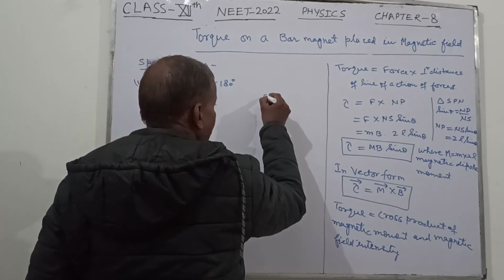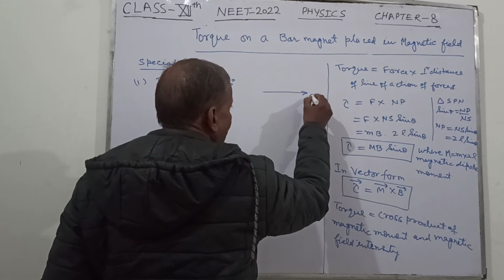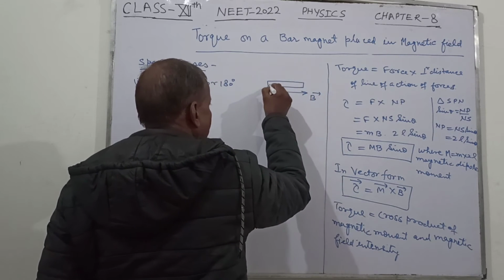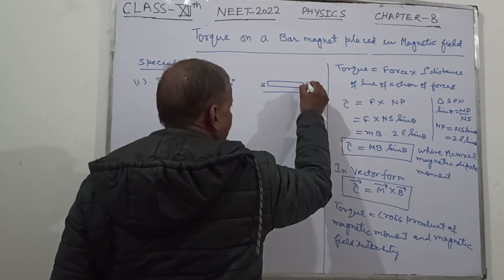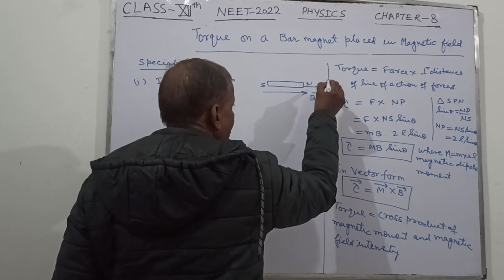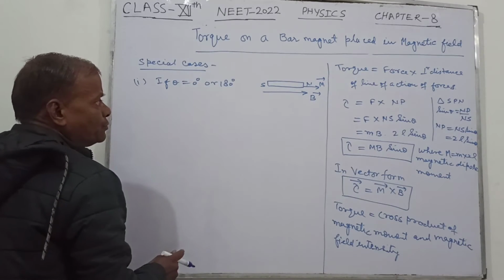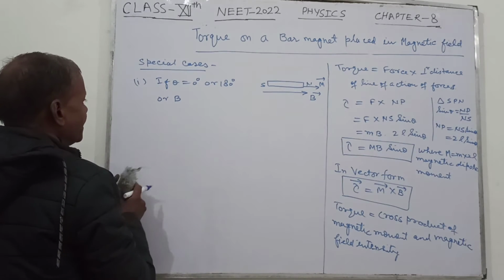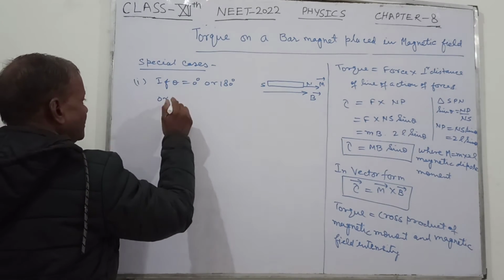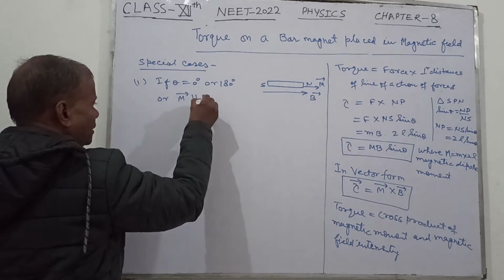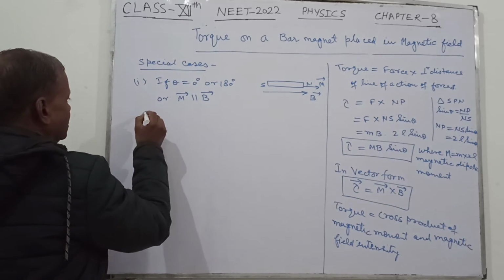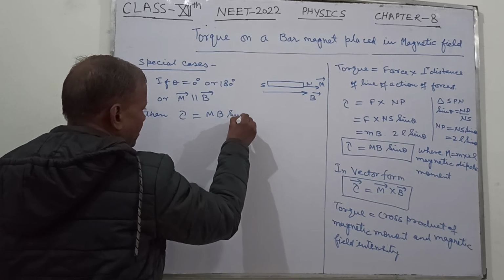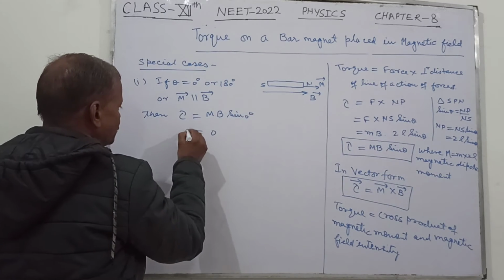So suppose this is B and this is the magnet, this is S and this is N. Then M will be in this direction, S to N. So the magnetic moment M is parallel to B. Then torque equal to MB sin 0, and sin 0 equal to 0, so torque equal to 0.